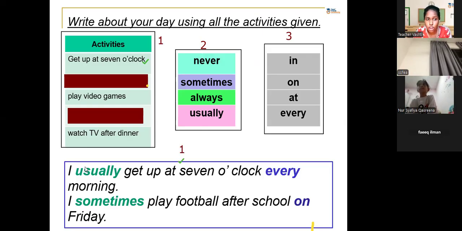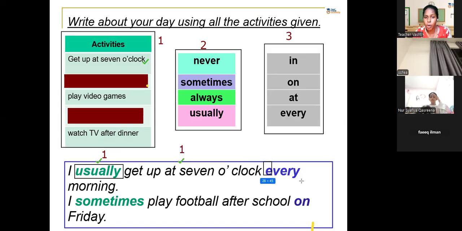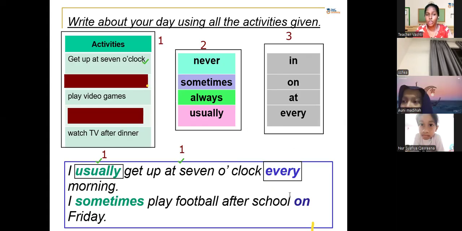I use the word usually. Okay, so I get 1 more point. Did I use the word every? Yes. Every morning. So correct. I get 1 more point. Nampak tak? You have to write all 3 in one sentence.